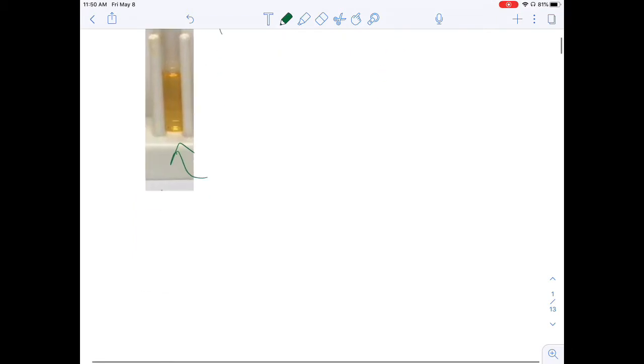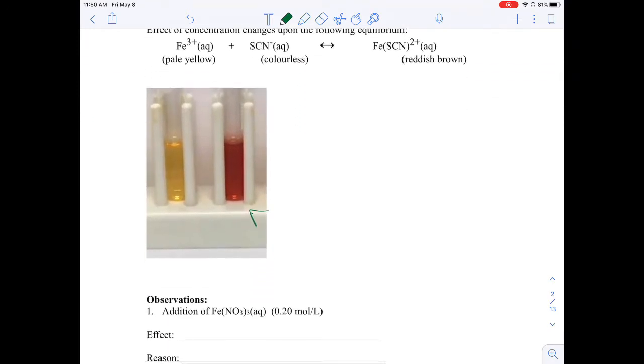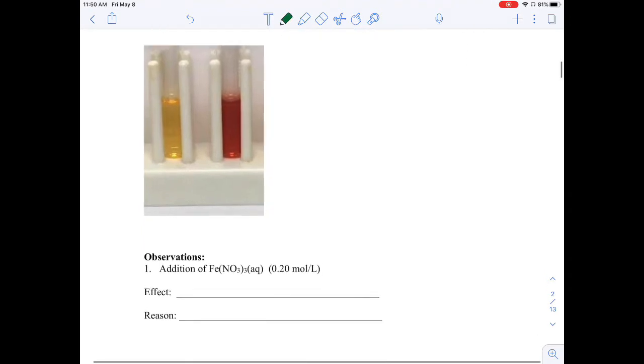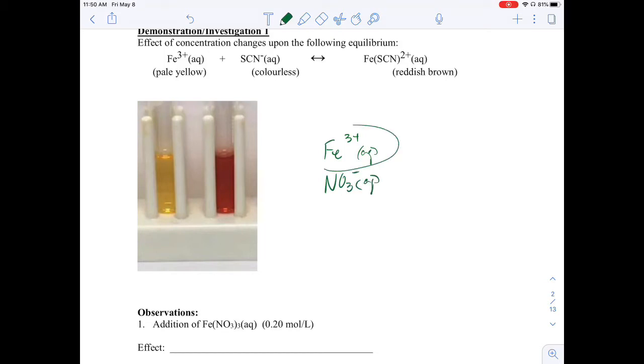In our first test tube, we are going to add iron 3 nitrate solution. So iron 3 nitrate solution has iron 3 ions and nitrate ions. The nitrates in this case are going to be spectators, but the iron 3 is a reactant.